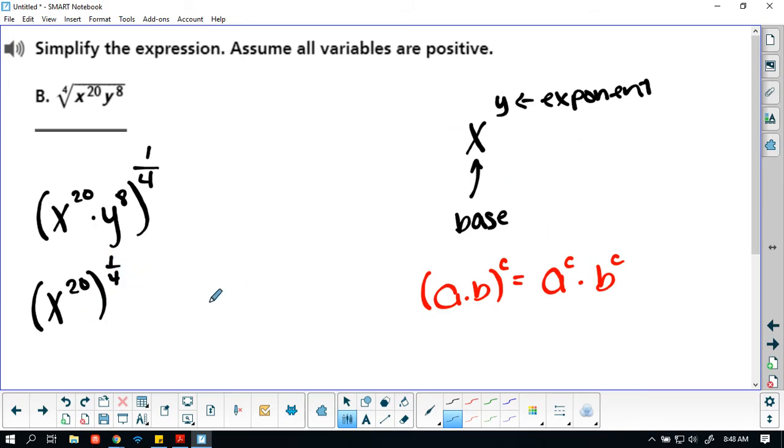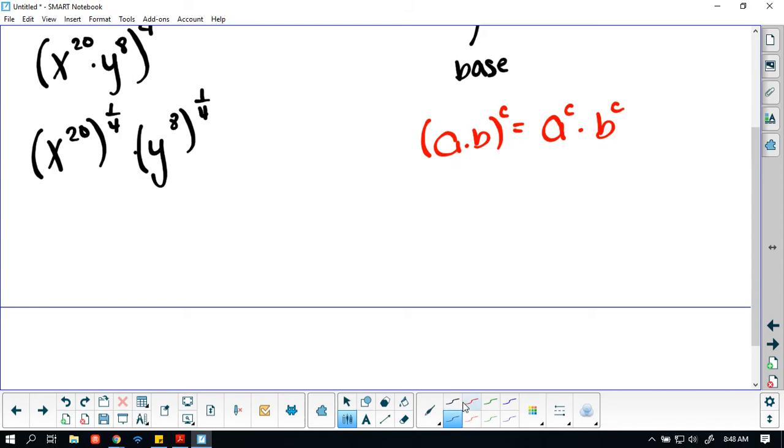Sorry, in this explanation of base, I didn't finish writing my thought down. y to the 8th to the 1/4. Again, a to the b to the c would equal a to the b times c. So 20 times 1/4, that's 20 divided by 4, which is 5, times y, 8 divided by 4, which is going to be 2.